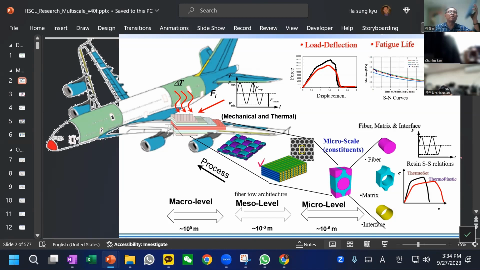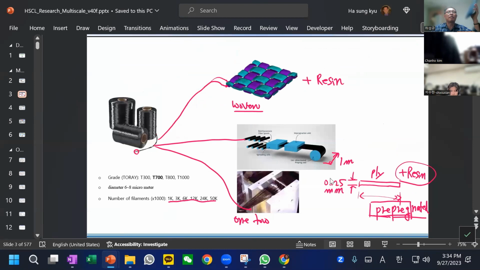Thousands of fibers, each toe, and weaving. And now this kind of very straight unit ply. Now you can imagine how this is made, which is by spreading fibers.